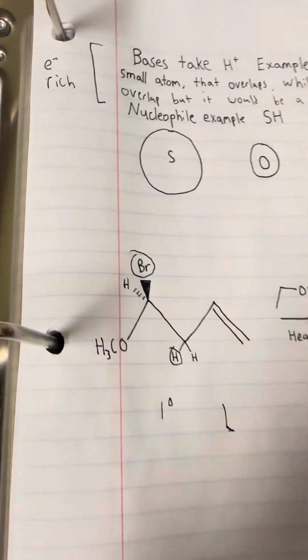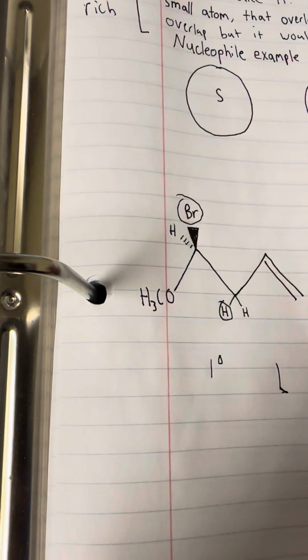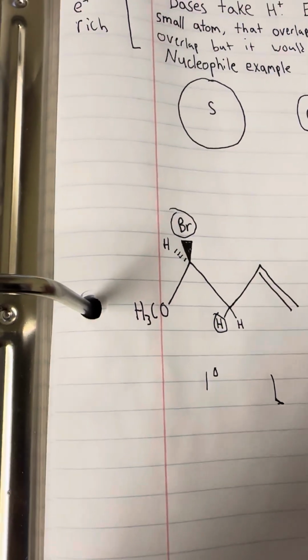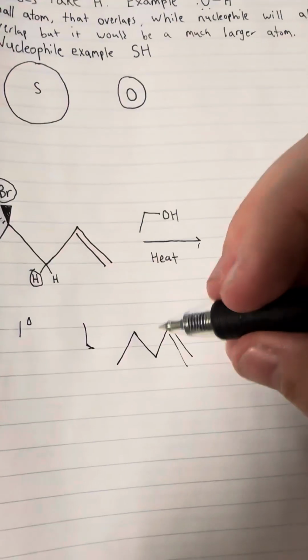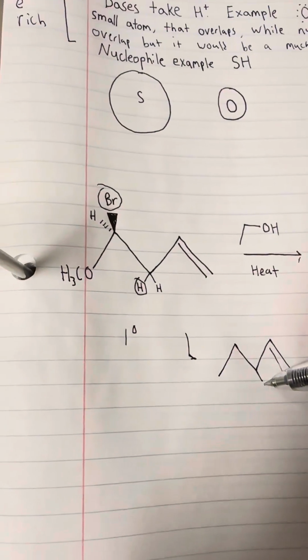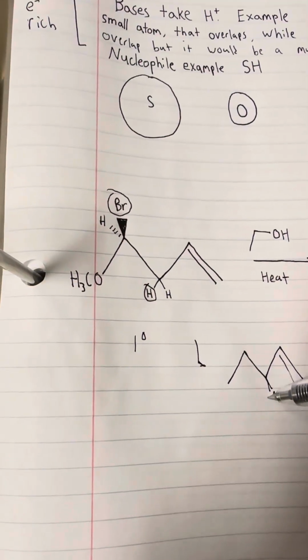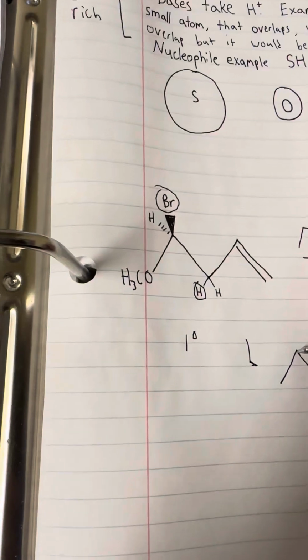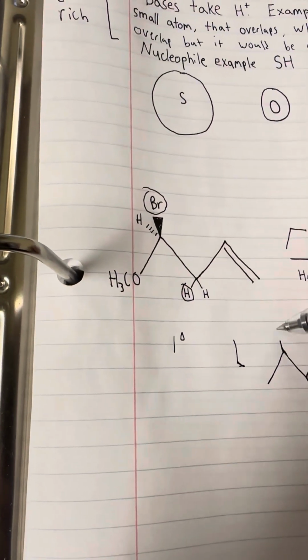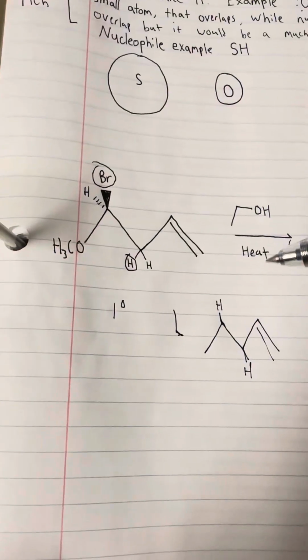I'll draw a little arrow to help illustrate where we're going, down to one hydrogen, and just the hydrogen up here, because the bromine and the hydrogen are going to be gone.